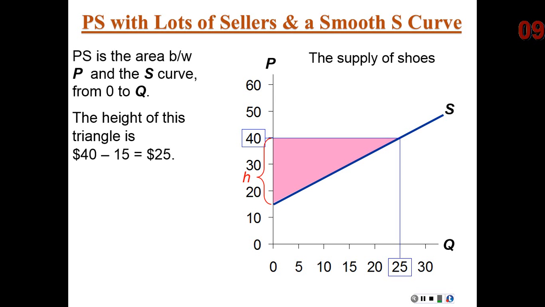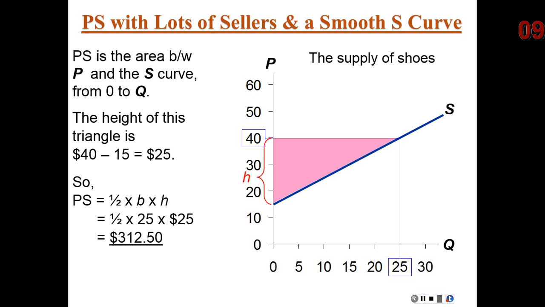If we want to use this as our height, it would be 40, the price, minus the y-intercept of the supply curve, so 40 minus 15, or 25, times 25, which would be the quantity distance from the origin all the way over to that 25 quantity, times 1/2, or $312.50. That's how much value is created, or 312,500 if we're going to use the thousands.